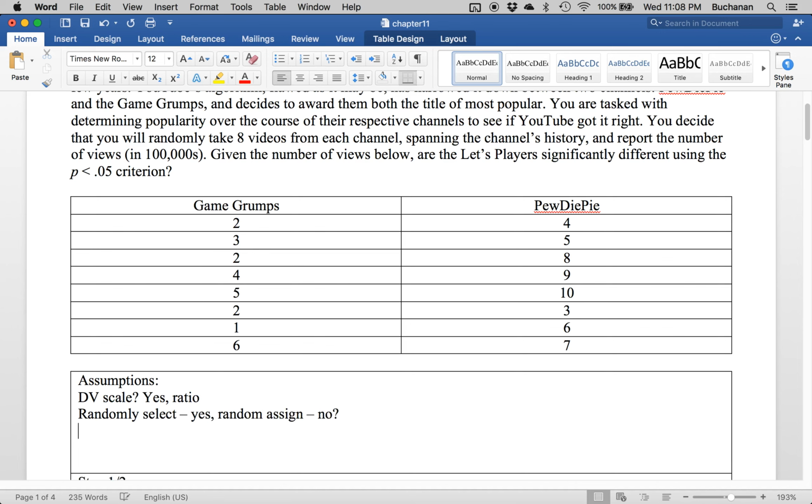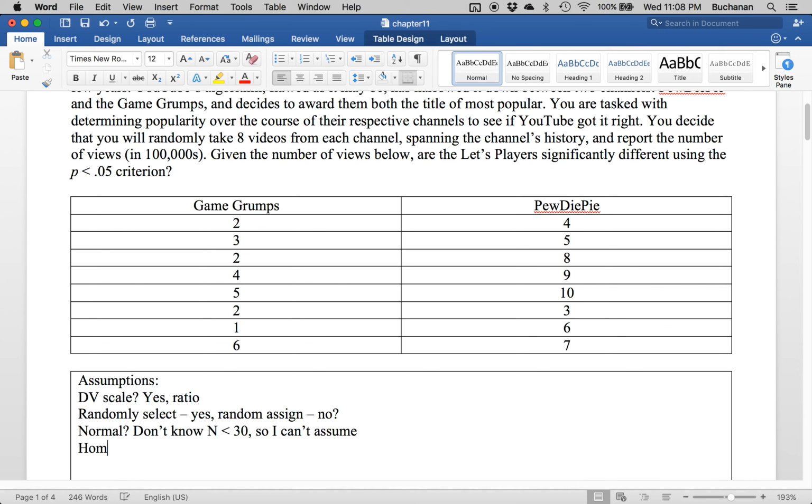If you randomly select, you're actually good, but also think about whether or not you can randomly assign. Is it normal? Don't know. And n is less than 30, so I can't assume that it's normal.